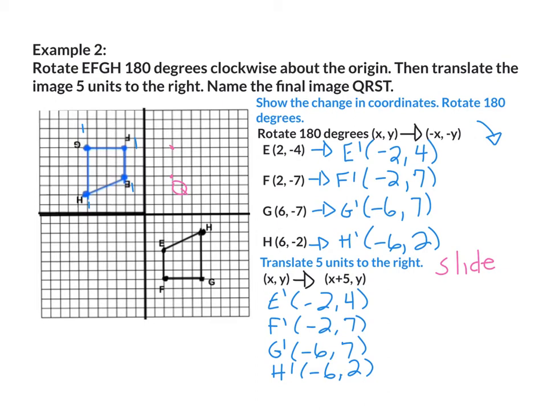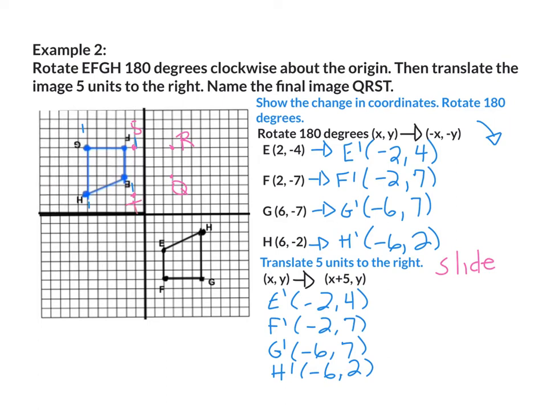And I'm going to label that R. Now G prime, I'm going to move 5 units to the right. 1, 2, 3, 4, 5. I'm going to label that S. And then H prime, I'm going to move 5 units to the right. 1, 2, 3, 4, 5. And I'm going to label that T.